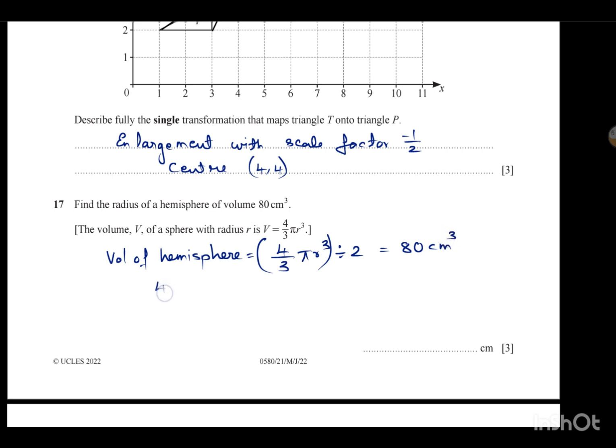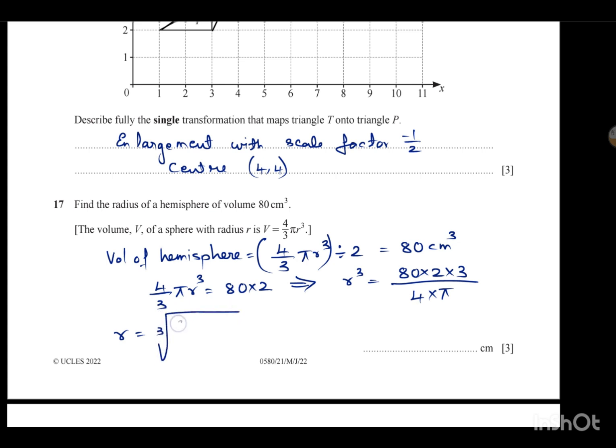Bringing 2 on to the other side, you get 80 multiplied by 2. Now only keep r cube and bring everything onto the right hand side. So 3 is in the denominator, it will be in the numerator. 4 and pi will be in the denominator. We need only r, so it will be the cube root of this whole thing.